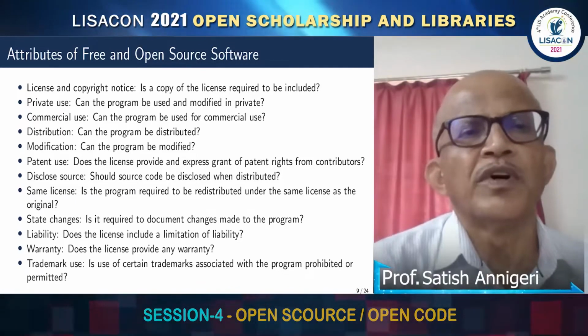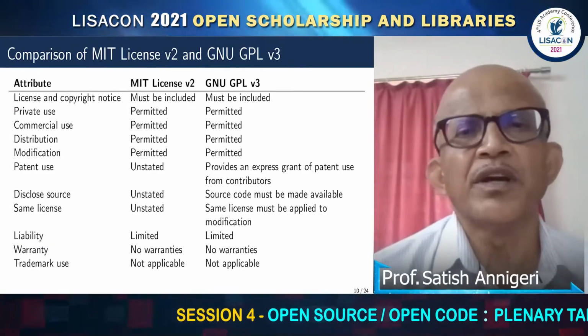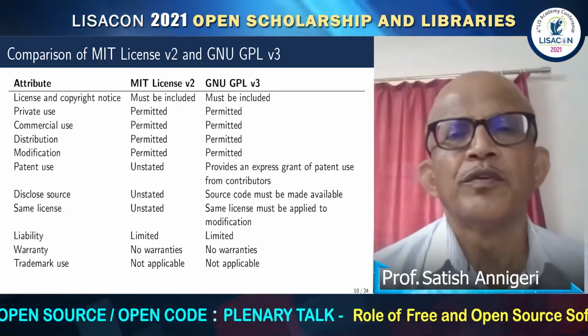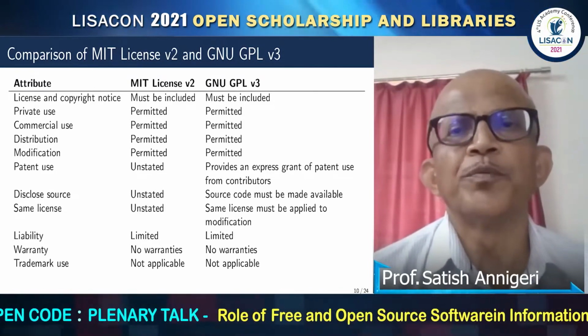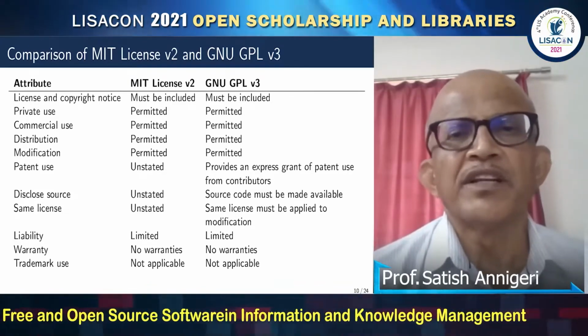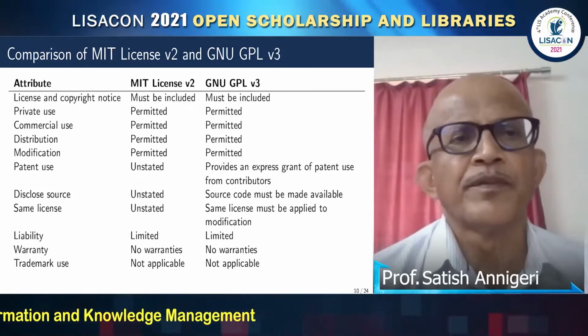Just to help you understand these aspects, I can make a comparison between two very popular free and open source software. The two which I will be comparing are the MIT license version 2 and the GNU GPL version 3.